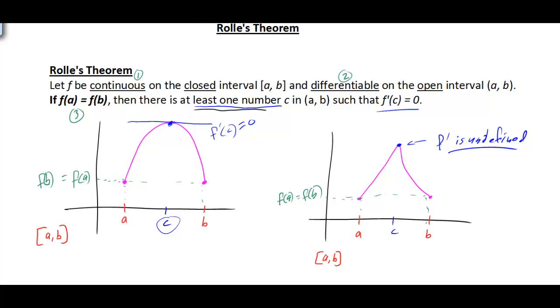So that means we're going to have a turning point in the graph, so that our graph will come back down through point b.